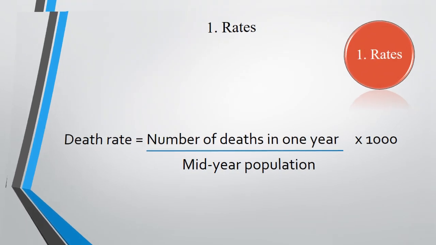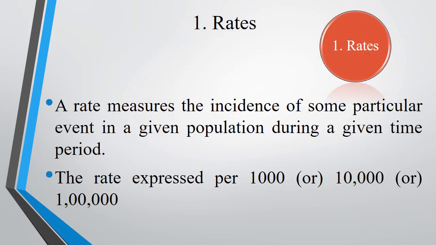A rate measures the incidence of some particular event in a given population during a given time period. So it will measure the incidence of some particular event or disease in a given population. Given population means maybe in India, during a given time period, which I already told you, 2019.